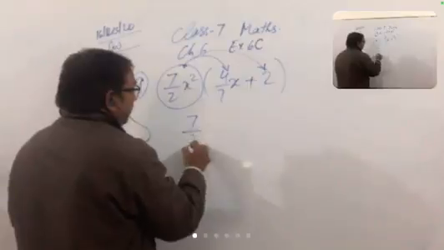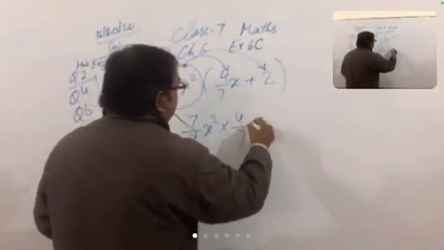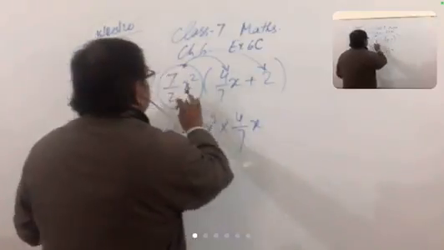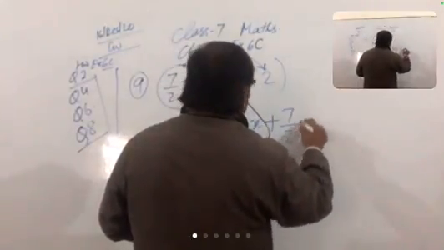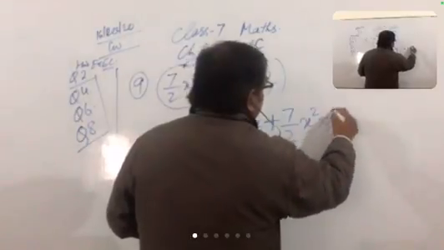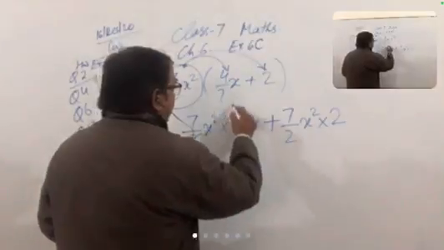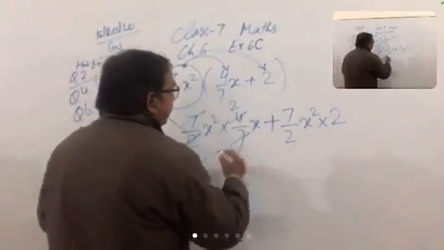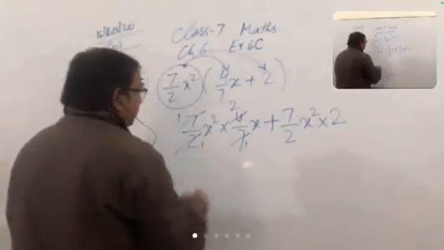So 7 upon 2 x square multiply with 4 upon 7 x, and this is a positive number, so plus 7 upon 2 x with the power 2 multiplied by 2. Now you see in this 2 is cancelled with this and 7 is cancelled with each other, and now it is 1, it is 1, it is 1.